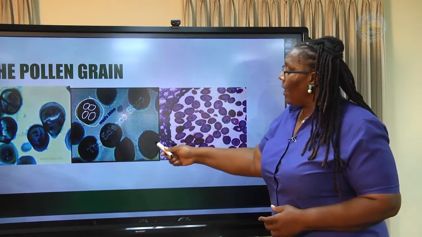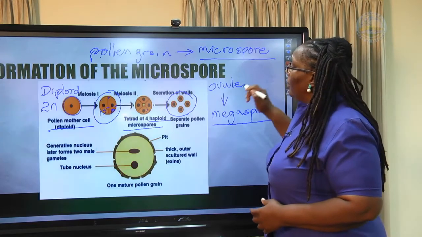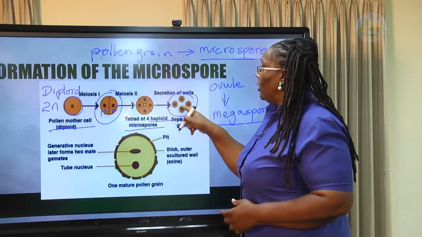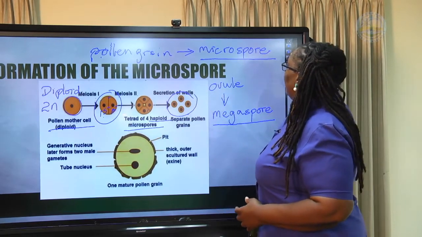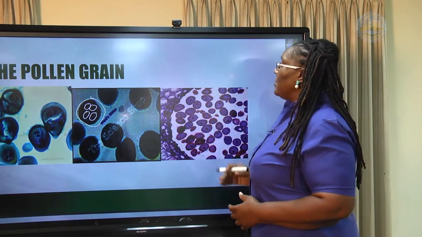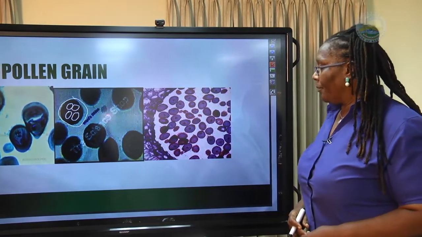Now from here, as we saw in this one, eventually they separate out into their own individual cells. Likewise, here we've seen that. But what happens next is an interesting thing.